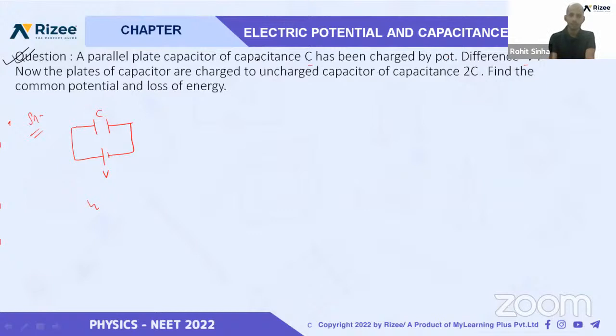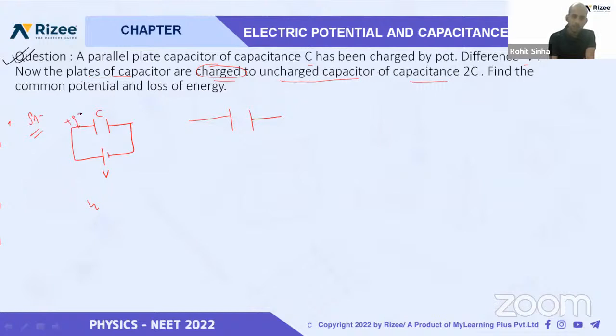Now it is given that the charged capacitor, after connecting here, will gain some charge.